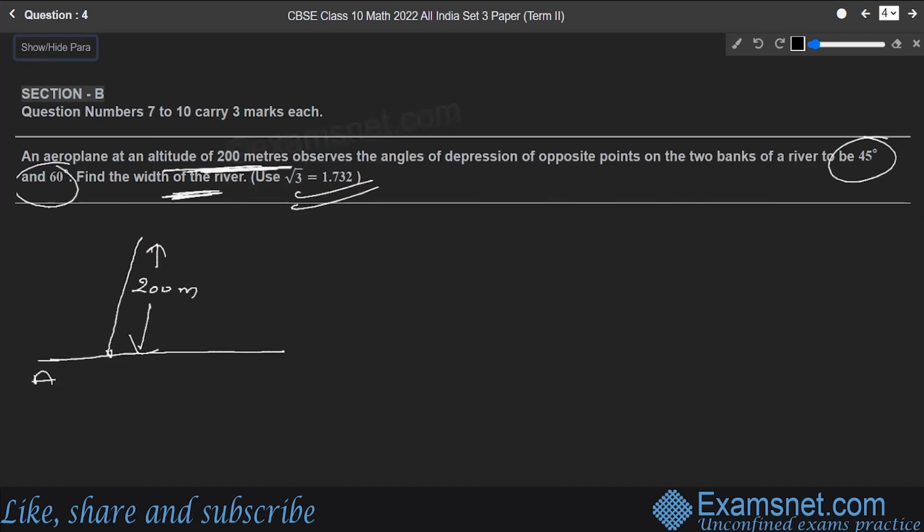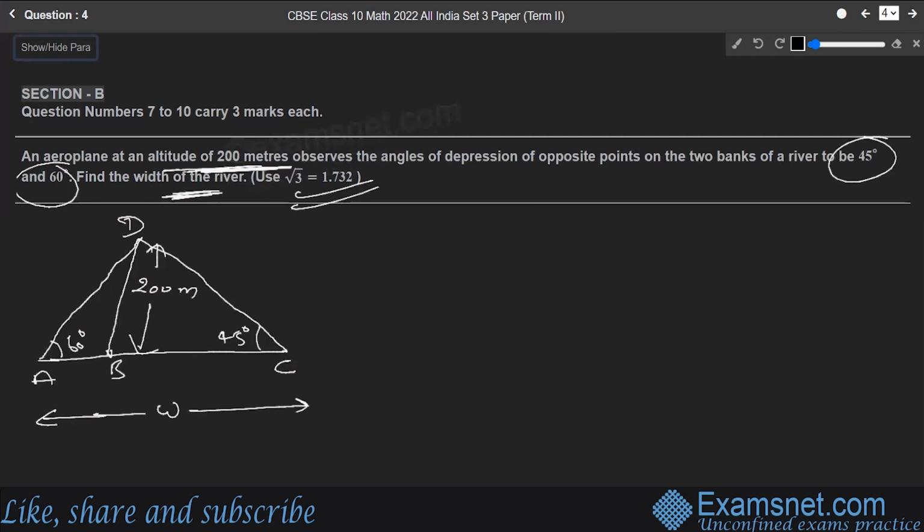Let's say there is a river, the points are A, C, and the joining point is B. From one point to the aeroplane, the angle is 60 degrees, and from the other edge of the river, the angle is 45 degrees. Now let us name the aeroplane's position D. So these are the values now. They are asking to find the width of the river, that is, we are supposed to find the AC value. This is what we are supposed to find out.